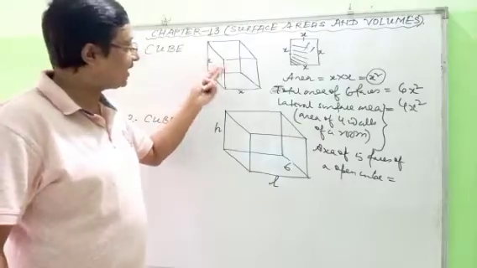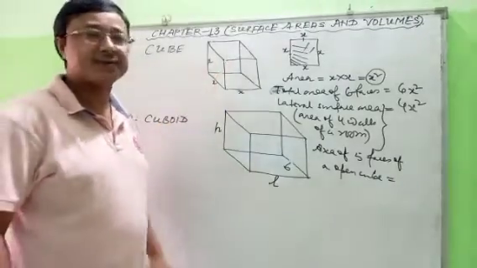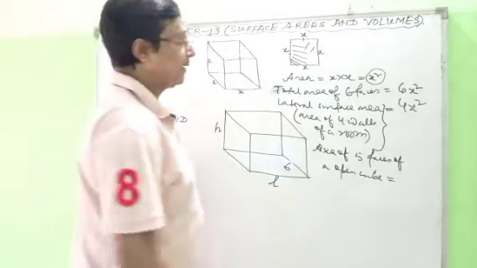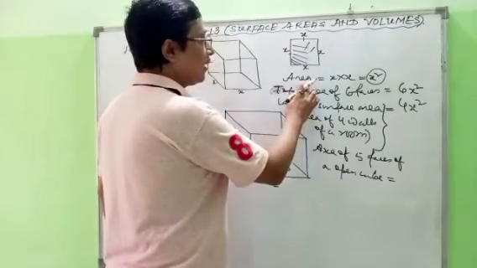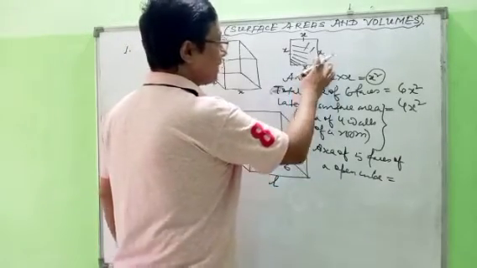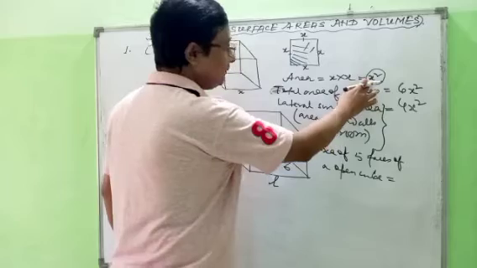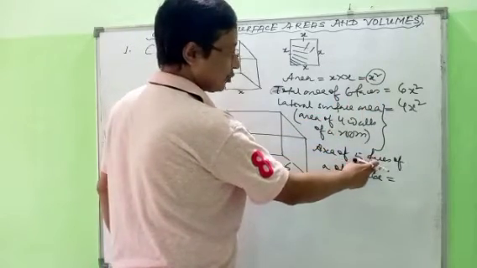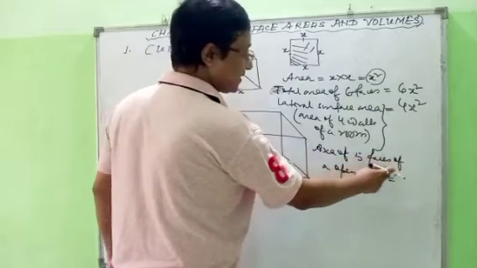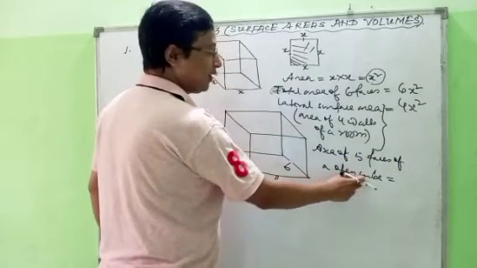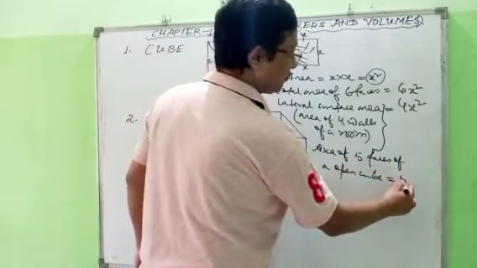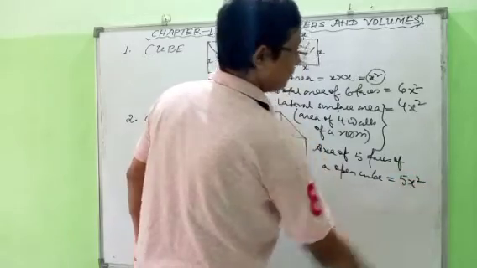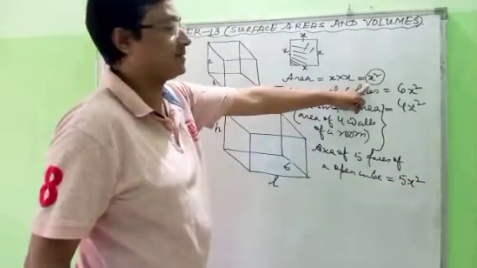Each face will look like a square, so the area of a square is x into x, x square. Now the surface is 5, you have got 5 faces. So the area of 5 faces of an open cube is 5 times this, so 5x square.